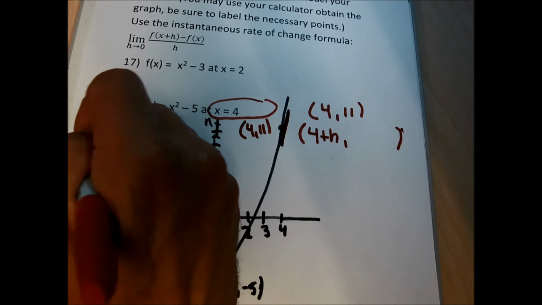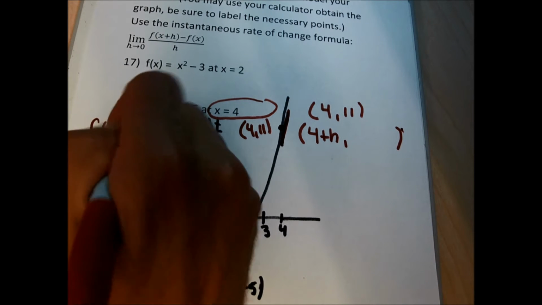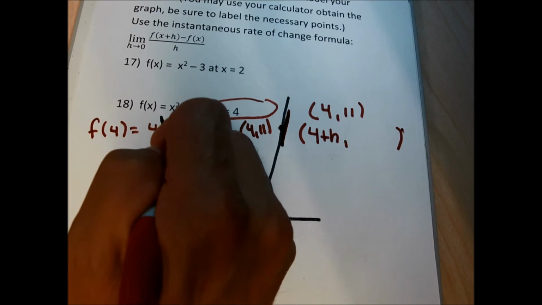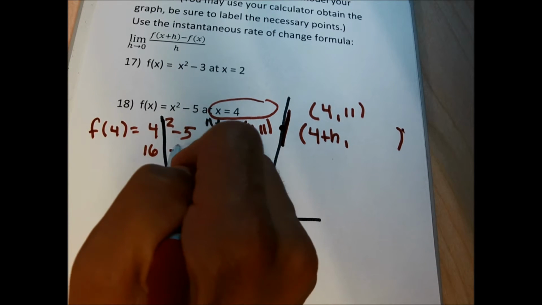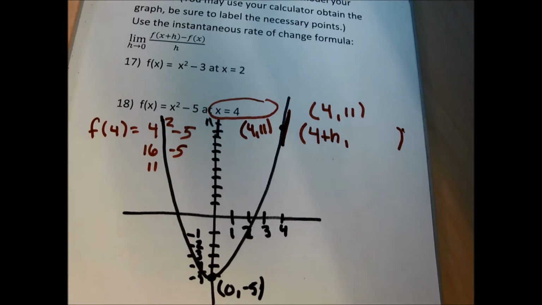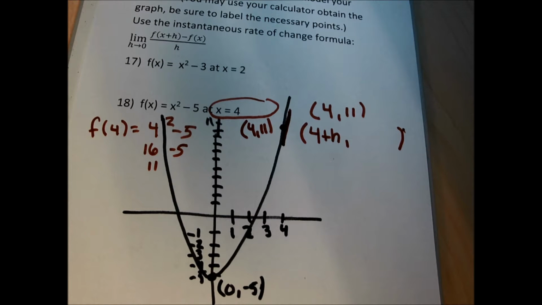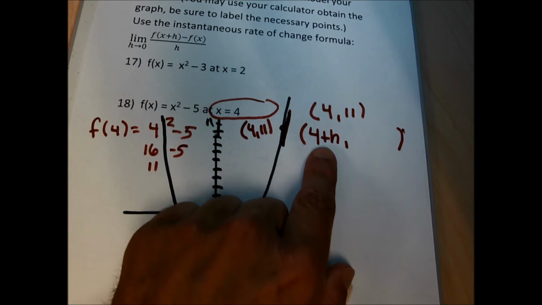To get the 11 by hand, I just would have gone f of 4 equals 4 squared minus 5, which is 16 minus 5, which is 11. To get the y-coordinate of the second point, which is something I'm going to make infinitesimally close to the first point, I can't use my calculator because my calculator wouldn't know what to do with that h.